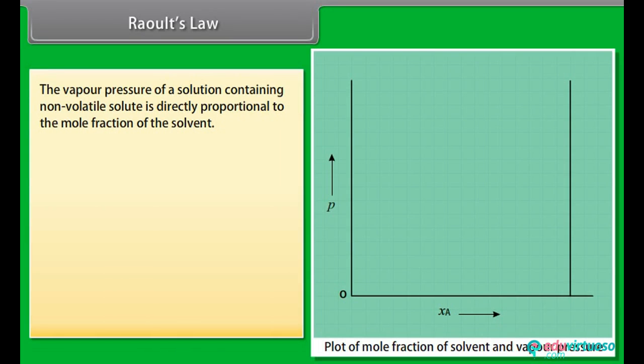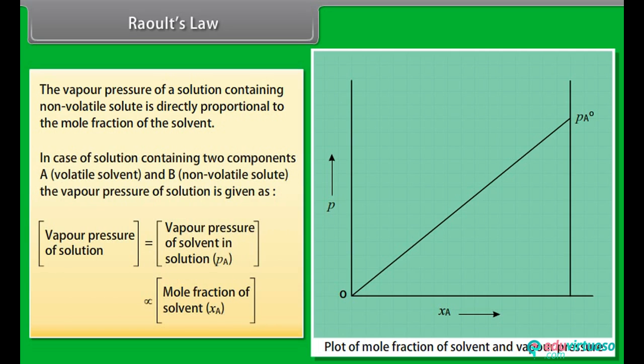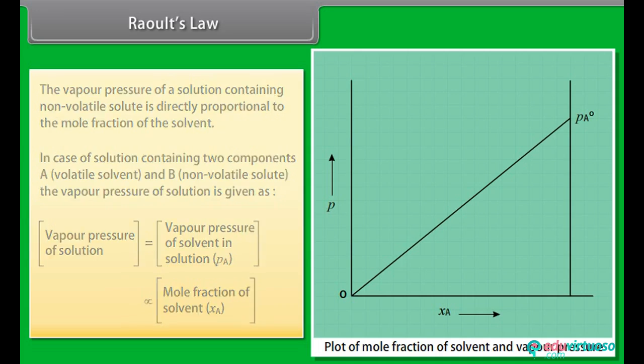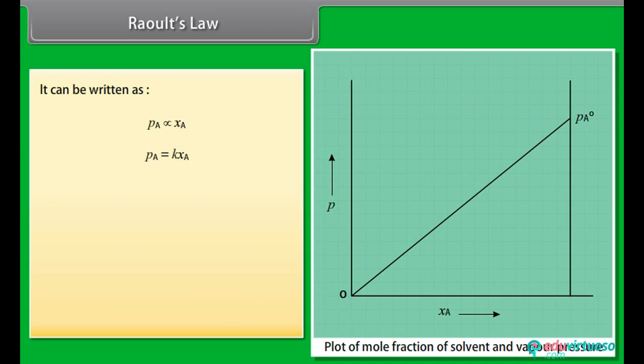Raoult's Law. The vapor pressure of a solution containing non-volatile solute is directly proportional to the mole fraction of the solvent. In case of solution containing two components, volatile solvent and non-volatile solute, the vapor pressure of solution is given as PA = K × XA, where K is proportionality constant. For pure liquid, XA is equal to 1.